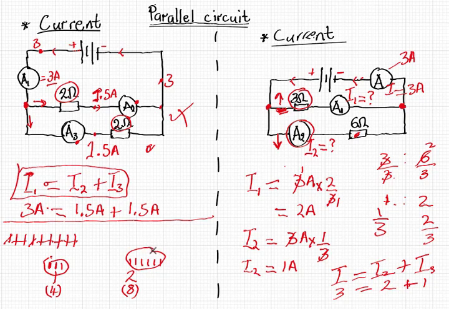For determining which one gets more, you just have to look at which resistor is high. The one with high resistance will get less. The one with less resistance will get more current. So that's it about the current.